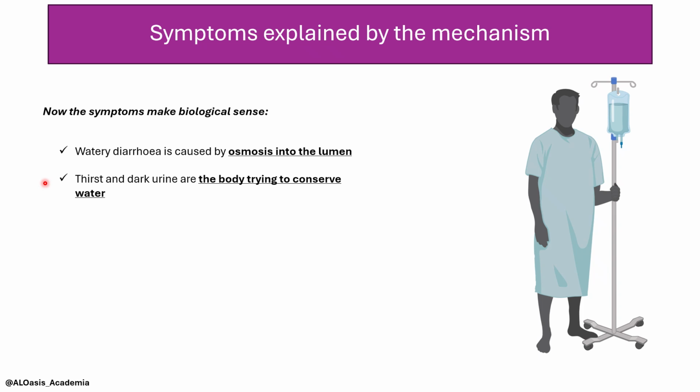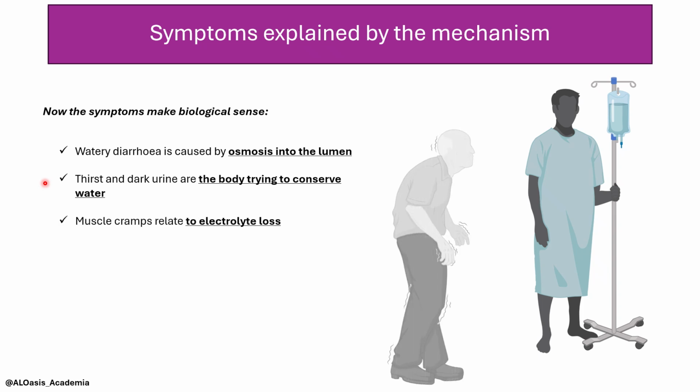That's why the patient will start feeling thirsty and will have dark urine. One of the main symptoms of cholera as well is muscle cramps. Muscle cramps refer to the loss of electrolytes. As we said, in diarrhea, the body doesn't only lose water, it's also losing electrolytes, and this is going to be manifested as muscle cramps.